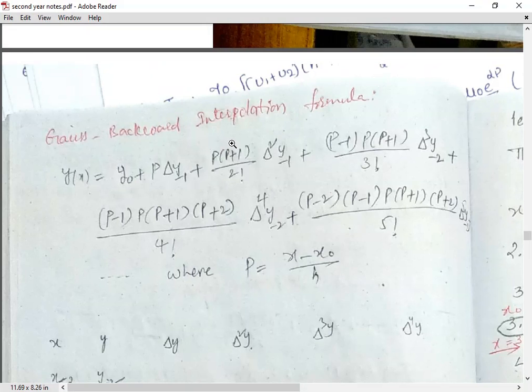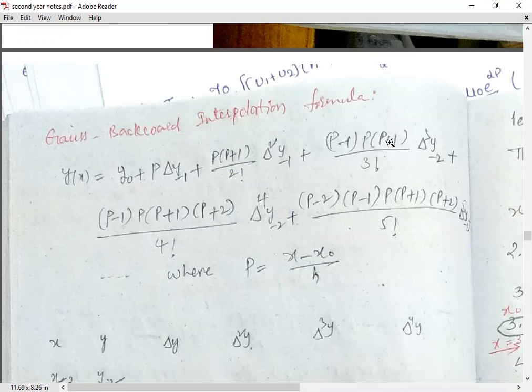In the next term, we get this p plus 1 as it is. For p plus 1, we can write p minus 1 by 3 factorial delta cube y minus 2 plus.